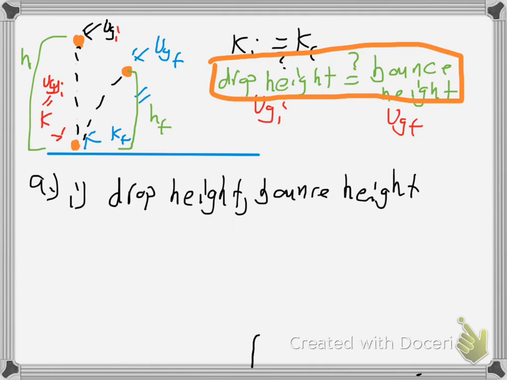And having the ball's mass would help, just because we would be able to get things in terms of energies, but it's really not going to change the experiment much.